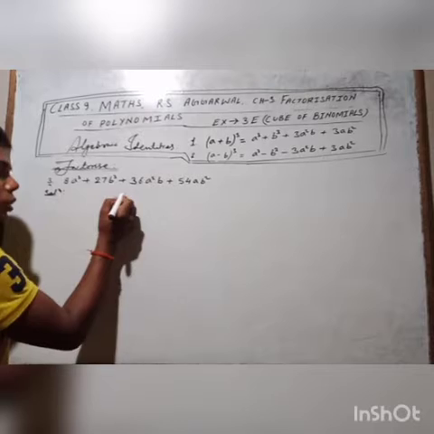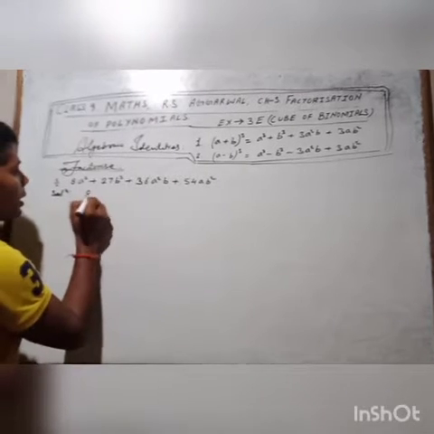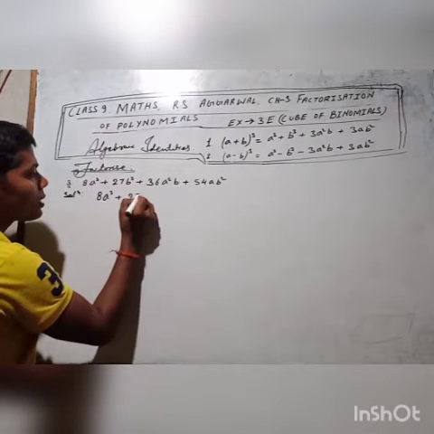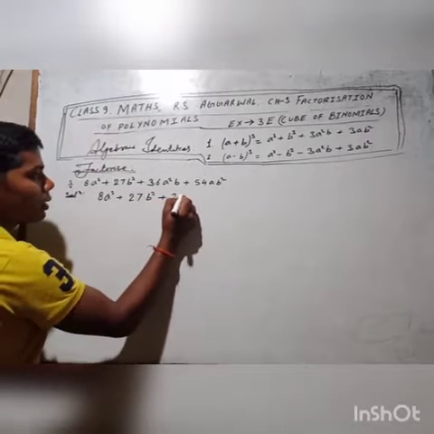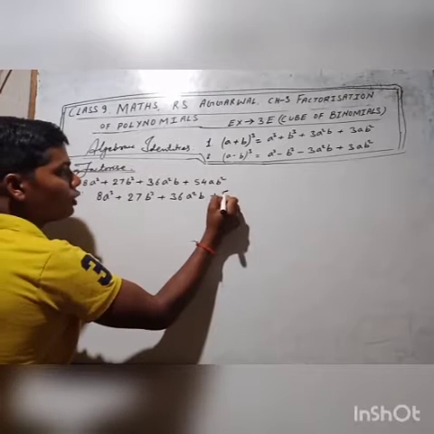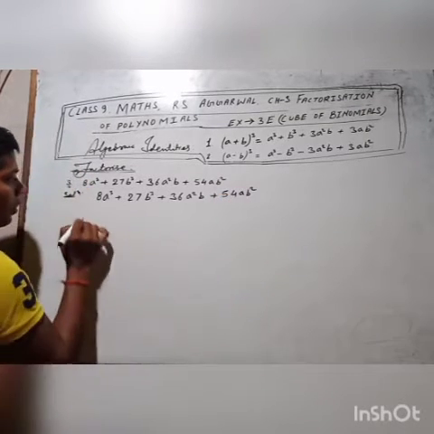See, first you write down the given question polynomial, it is 8a cube plus 27b cube plus 36a square b plus 54ab square.